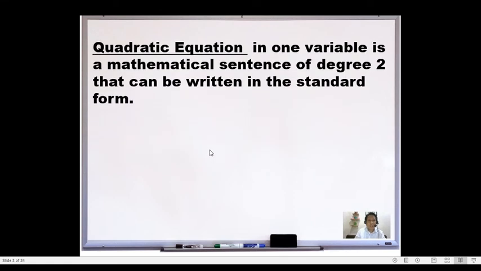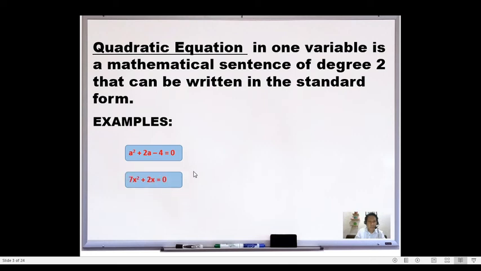First, we are going to define what is a quadratic equation. A quadratic equation in one variable is a mathematical sentence of degree 2 that can be written in the standard form. Here are our examples of a quadratic equation. First, a squared plus 2a minus 4 is equal to 0.